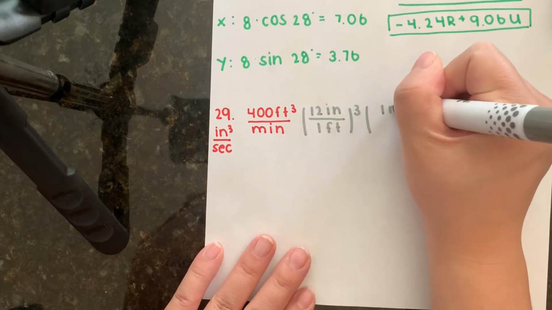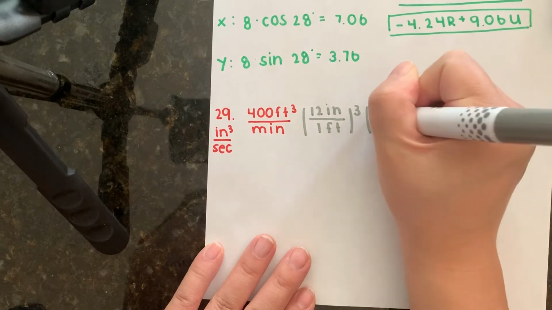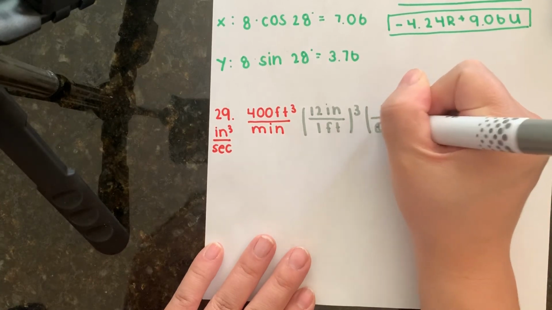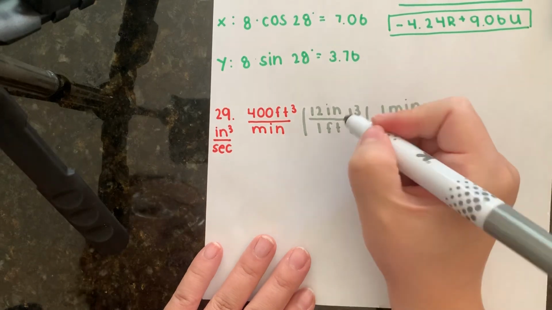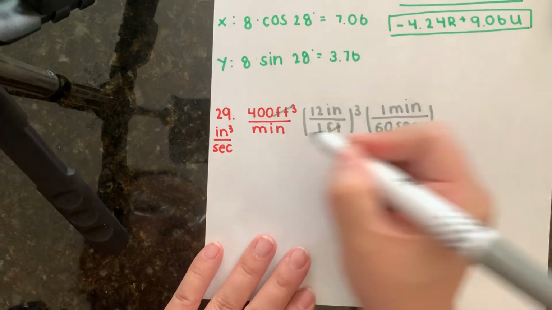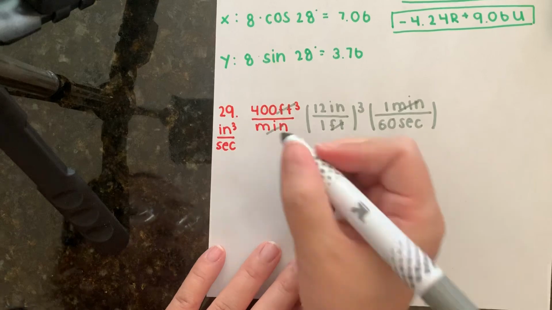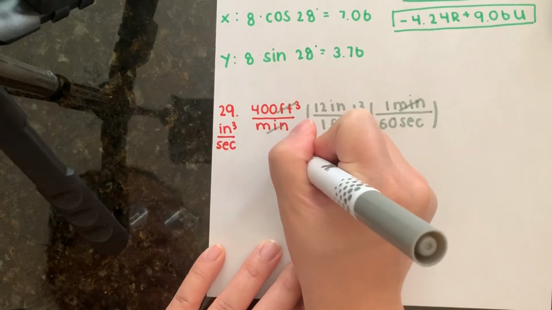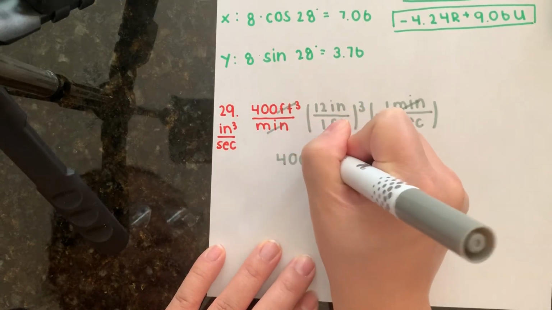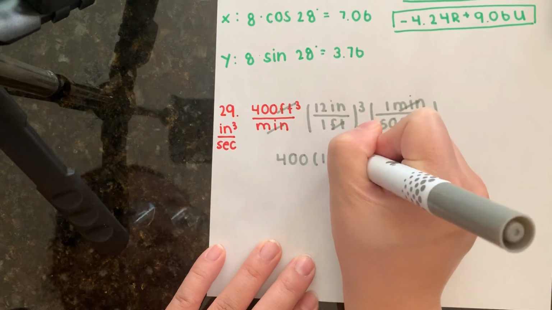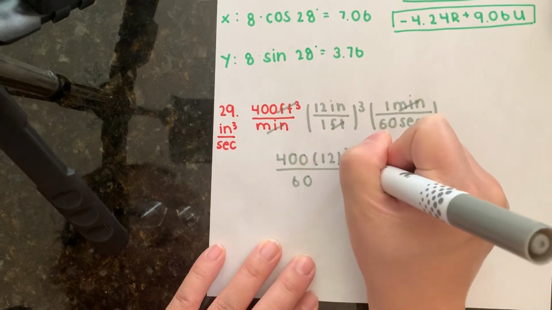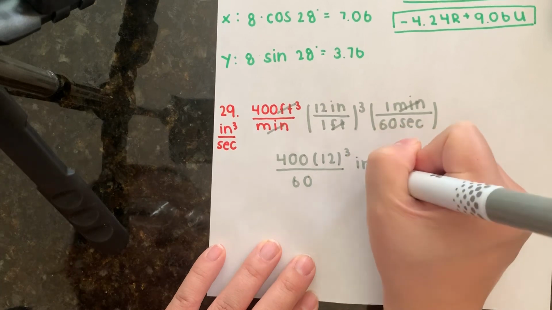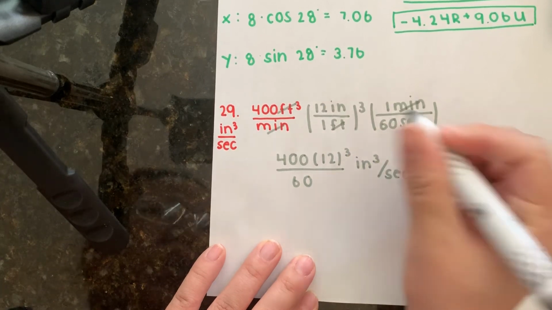There's 1 minute in 60 seconds. So my feet cubed would cancel, my minute would cancel. I would be left with 400 times 12 cubed over 60, and that would be inches cubed per second.